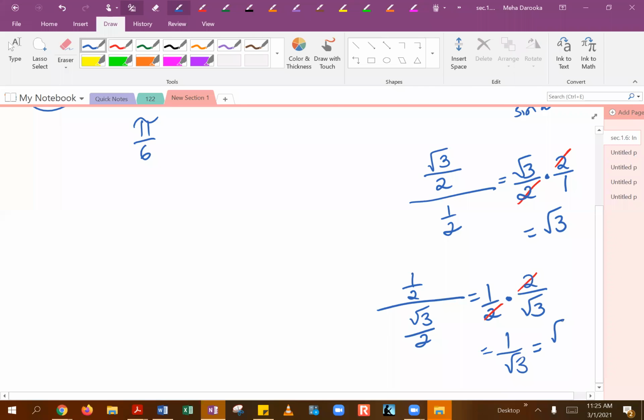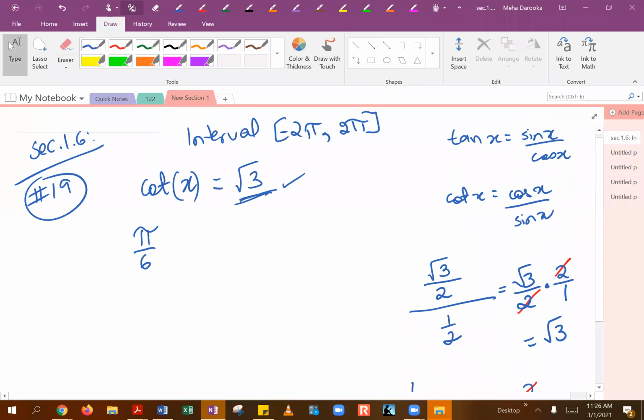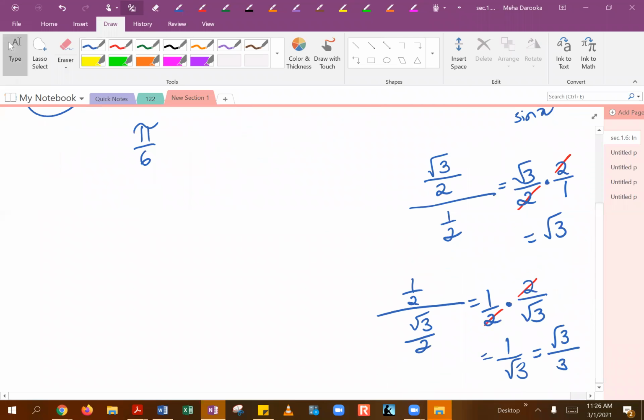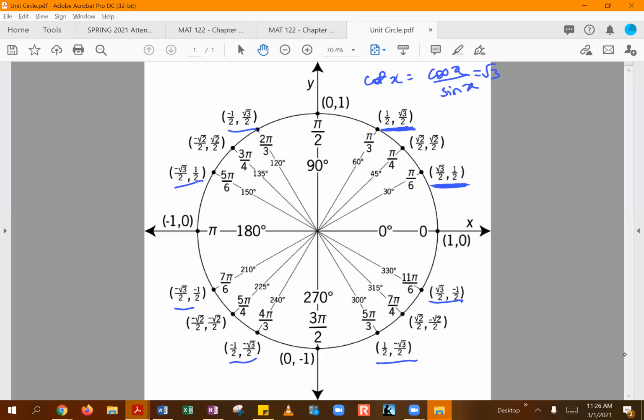When you rationalize your denominator, you get square root of 3 over 3, which is not what they are asking us to find. So this one does not work for our example. These are gone, which means that wherever you have square root of 3 on the sine value is not going to work out. That automatically takes these 4 out of the equation.